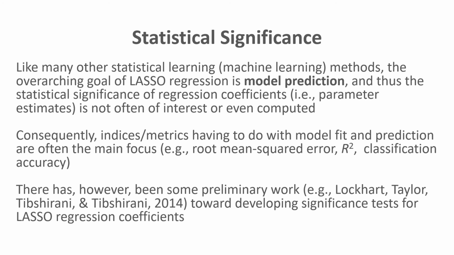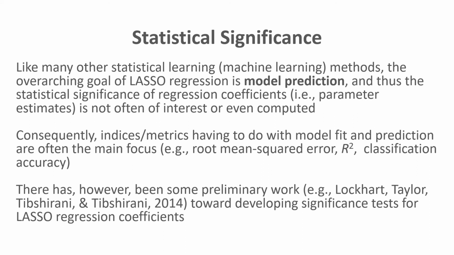But another reason is that this type of modeling process using lasso regression is really about prediction, as I've mentioned a few times already. It's not so much about understanding the variables that you have as predictors in the model and why they're predictors. So it's not going to be theoretically driven. It's more about how we optimize the predictive accuracy of the final model that we achieve by tuning that lambda parameter.